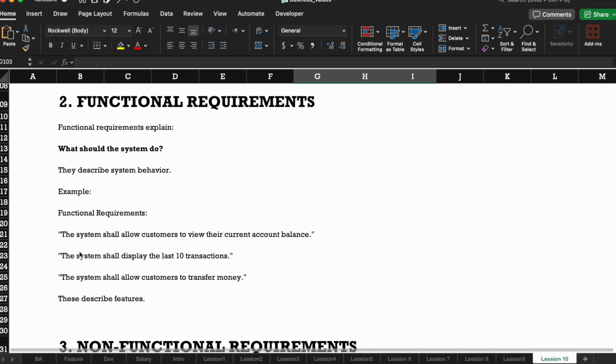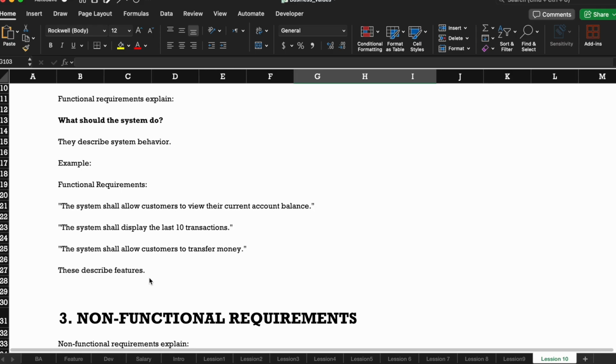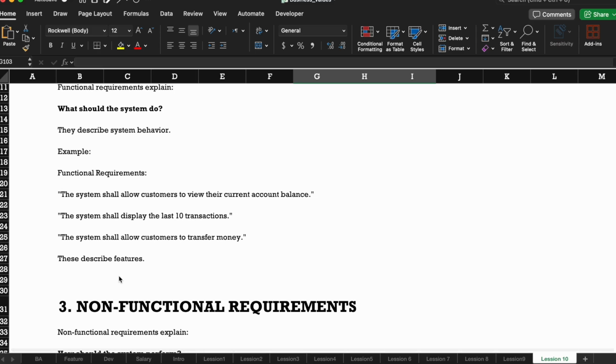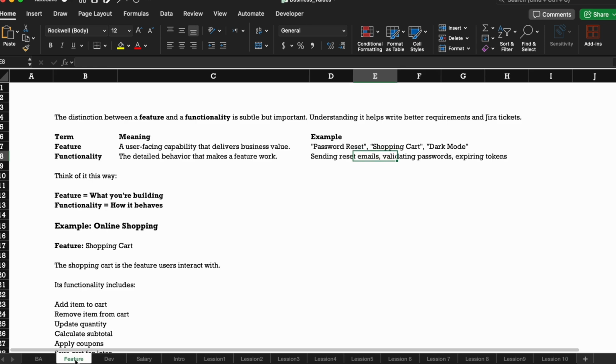Functional requirements: the system shall allow customers to view their current account balance. The system shall display the last 10 transactions. The system shall allow customers to transfer money. These describe features, right? This morning, let me remind you what a feature is again: feature and functionality.